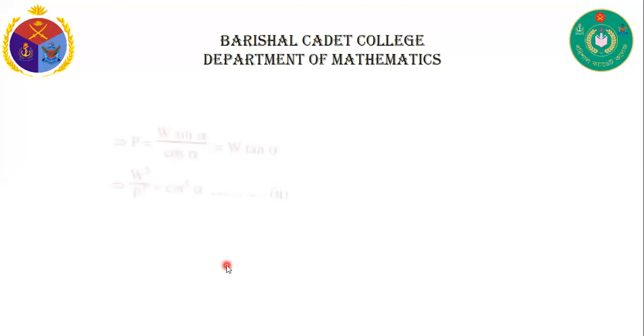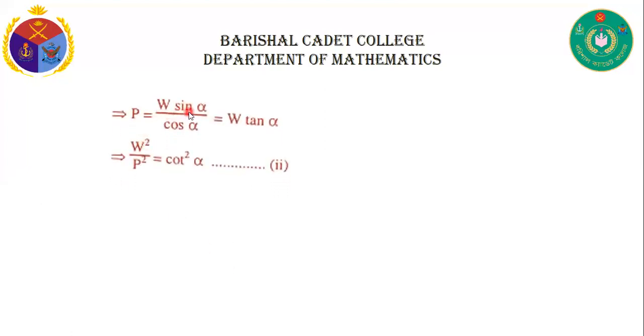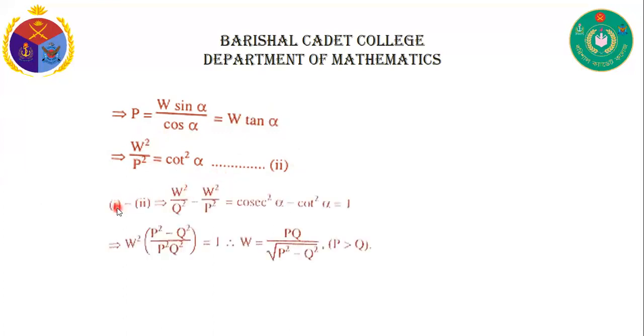Now we can write P equal to W sine alpha by cos alpha, that is tan alpha. And now we can write W by P equal to cot alpha, W square by P square equal to cot square alpha. From now 1 minus 2, we write the W square by Q square minus W square by P square equal to cosecant square alpha minus cot square alpha equal to 1.